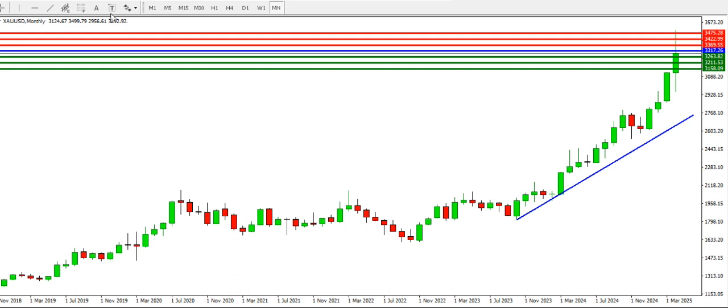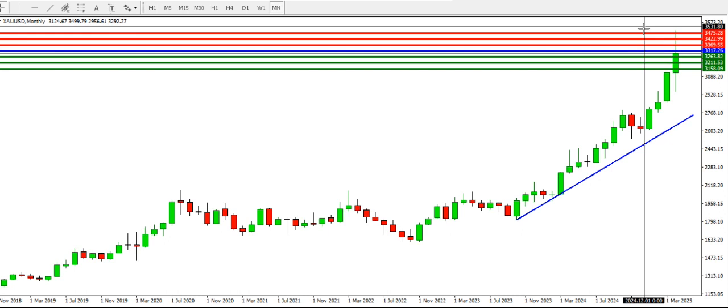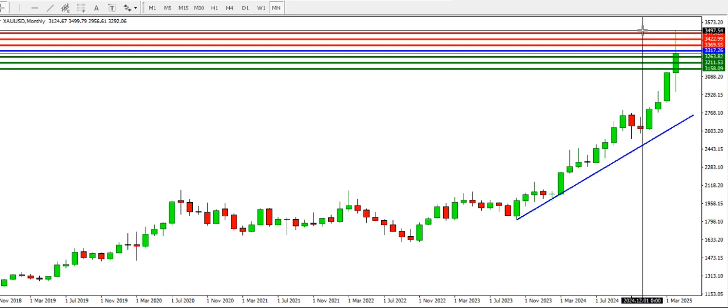And price of gold rose as high as 3497.54 on the monthly time frame. All right, but with the way it is, the momentum is still bullish, and if price is going to drop on the monthly time frame, we have this particular order block around here.